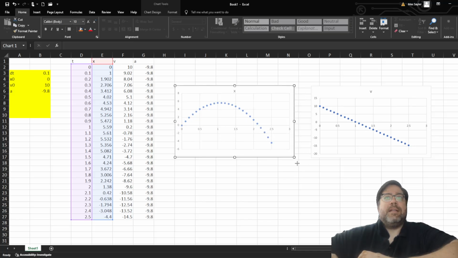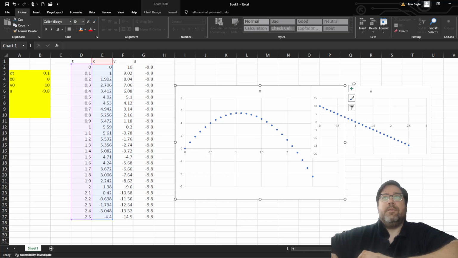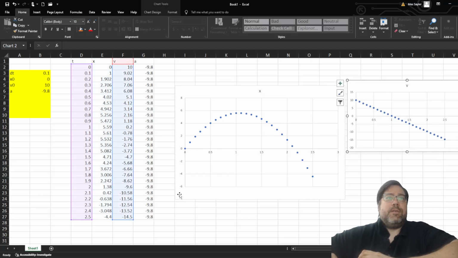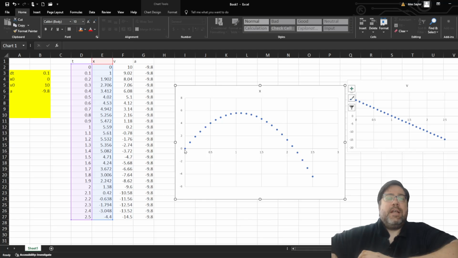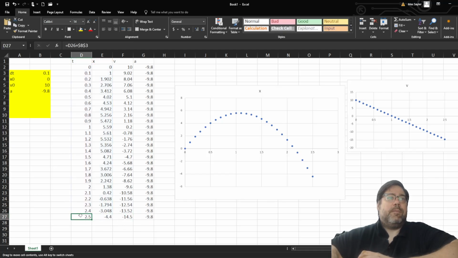The bottom axis is time, and this is the position. So the ball is going up, up, up, and then down, down, down in this parabolic shape that you're normally used to. All right, so we got the answer we were looking for.